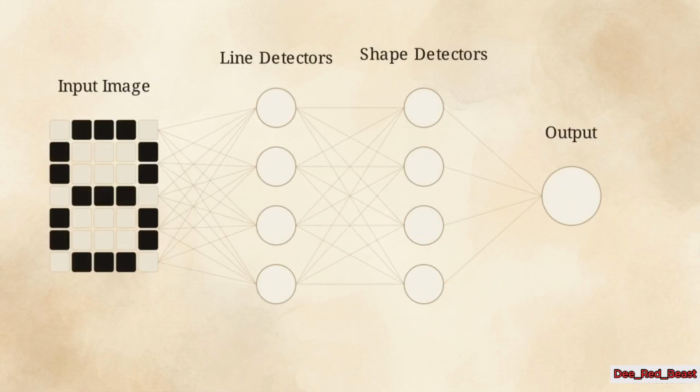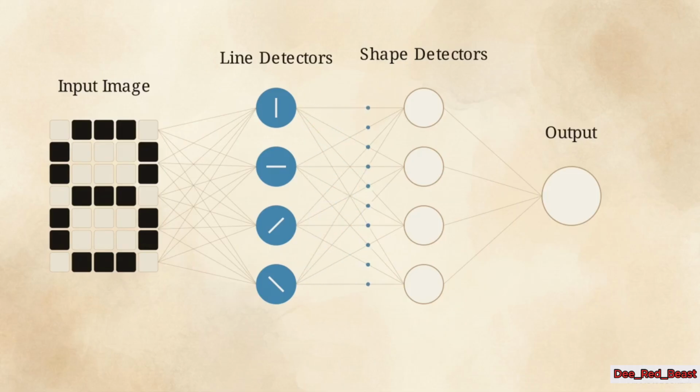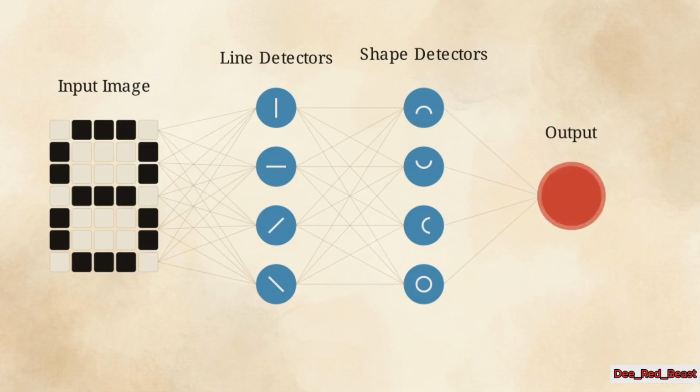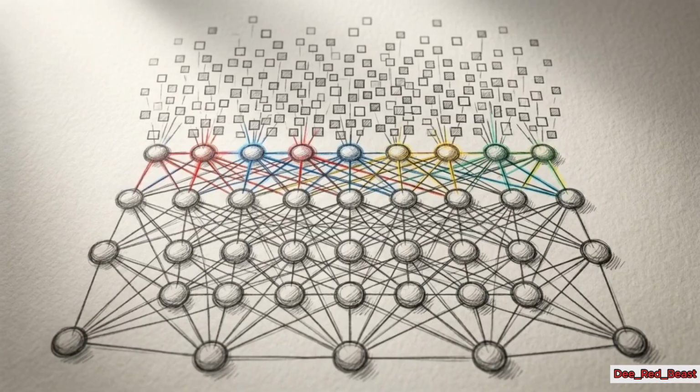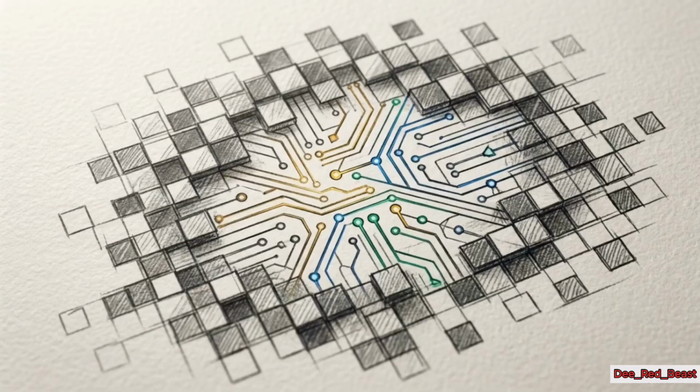As the data from the image moves through the network, the first layer of nodes looks for simple, straight lines. It passes that information to a second layer, which looks for curves and circles. These patterns move down the line until the final layer accurately identifies the number 8. The real power here is that humans don't have to explain what a curve is. We just feed the network the pixels, and the algorithm automatically discovers these intermediate patterns to solve the case.